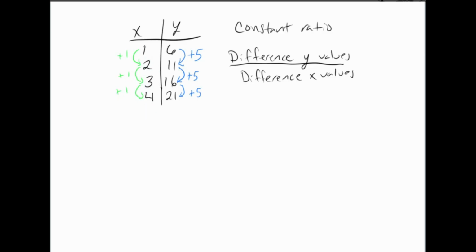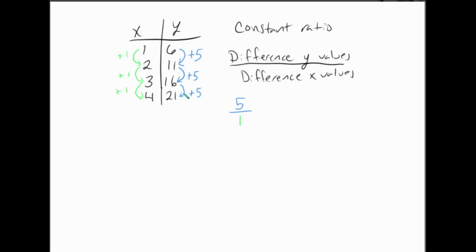So now when I look at this ratio, for every change of y that I have, I want to correlate that to a change in x. My first change of y was 5. My first change of x that it is correlated to is this 1 over here, and it went up by 1. Now I want to see, does that match with the rest of my intervals?